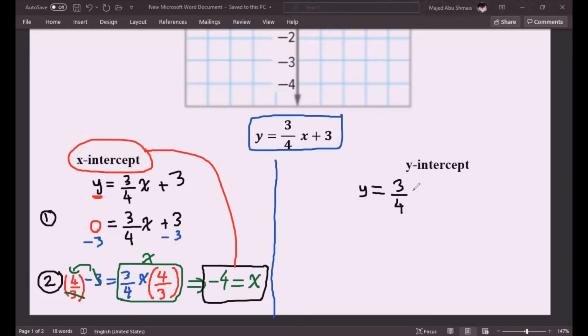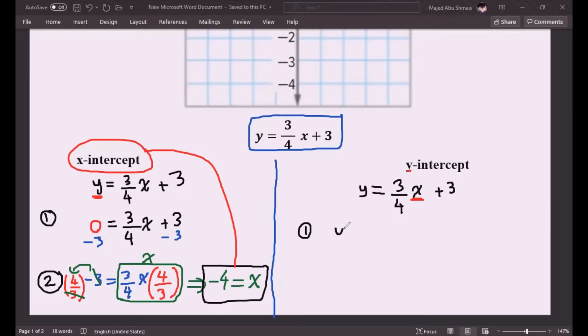But this time we are looking for the y-intercept. So which value should be 0? We should substitute 0 for x. x should be 0. Okay, so let's do the first step. The first step is to substitute 0 instead of writing x.